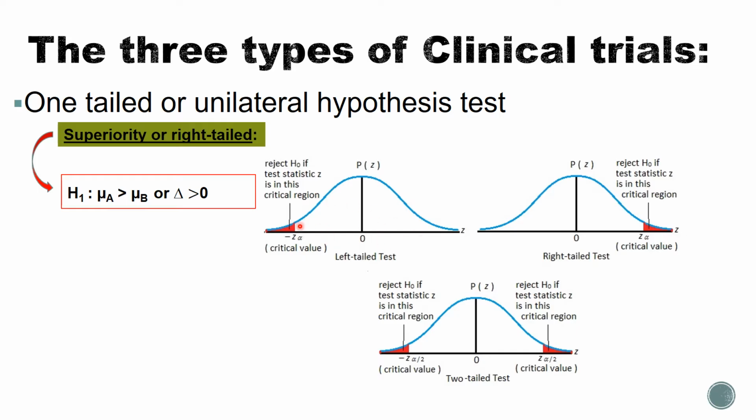Assuming it is a z-test, for example, if it's superiority, or a right-tailed test, what it means is that, based on the alternative hypothesis, as you can see, the difference is greater than 0. So if the difference is greater than 0, then it means our conclusion will be after 0 at the right-hand side of the probability distribution curve of the given statistic.